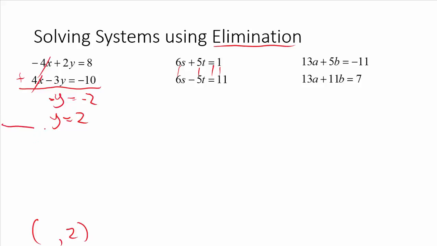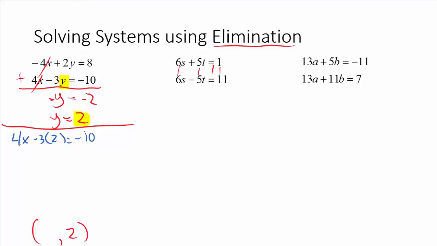Now, we've got the first part done. Just like substitution, we're going to go back to one of these original equations and plug that 2 back in to find the x. So I'm going to use the bottom one. Let's go with 4x minus 3, and I'm going to replace that y with 2, since I solved for y equals 2, placing it right in there for that equation.